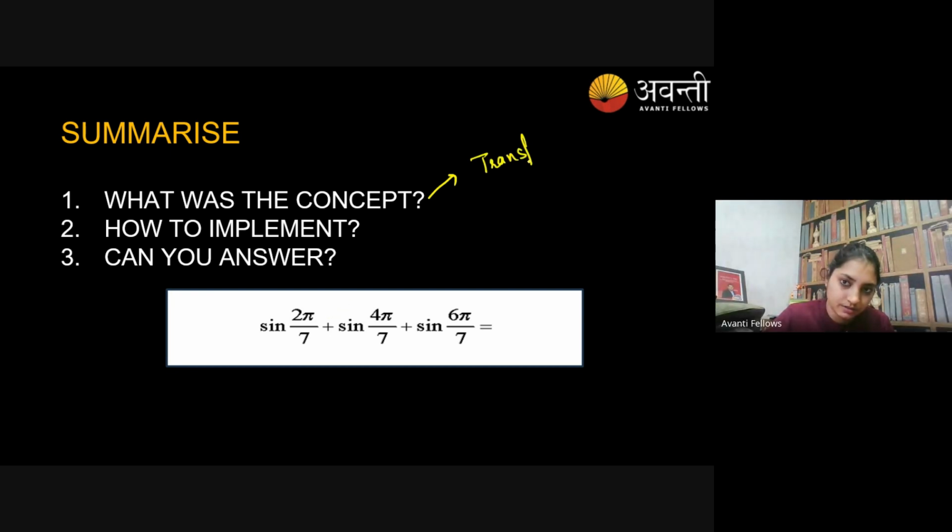Okay. So have you tried to implement these formulas? Yes, ma'am. Okay. So if everyone knows that, can anyone answer this question? Tell me the concept and which formula we will need to implement on this.